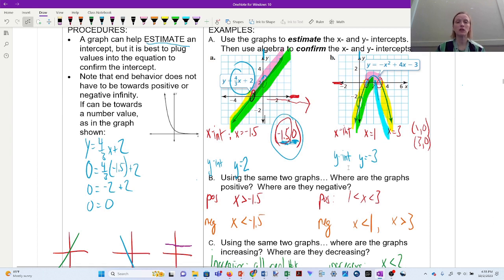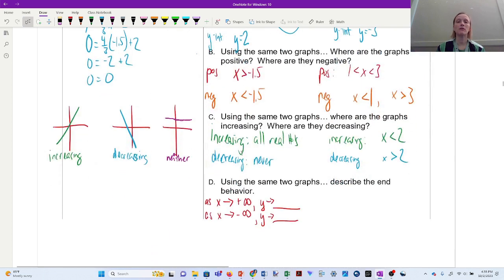The y value keeps on getting larger and larger forever. On the other hand, as x gets really, really small, more and more negative, then what happens to the y value? The y value goes down and down and down even more, forever. And so y will approach negative infinity as x approaches negative infinity.